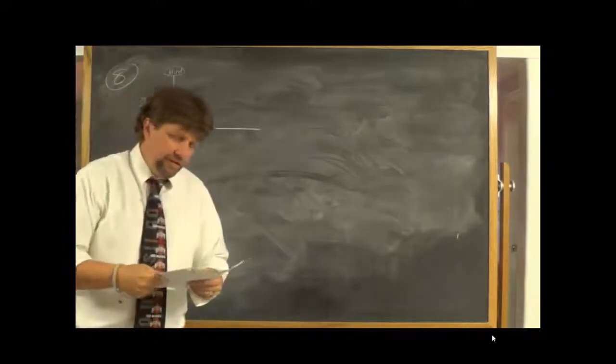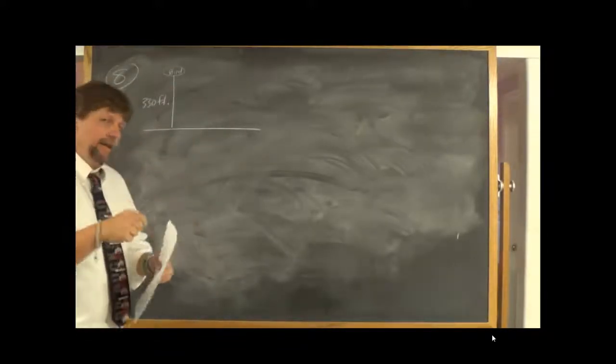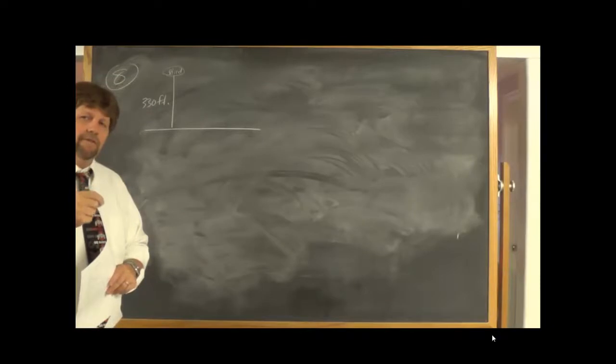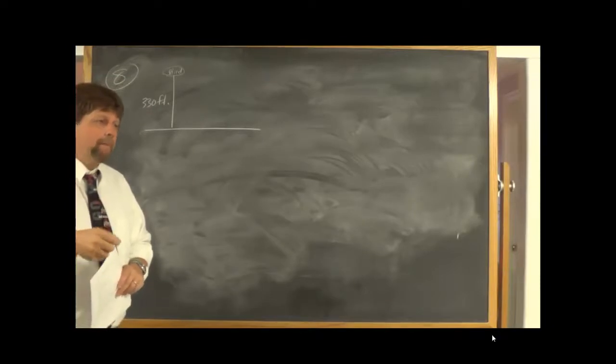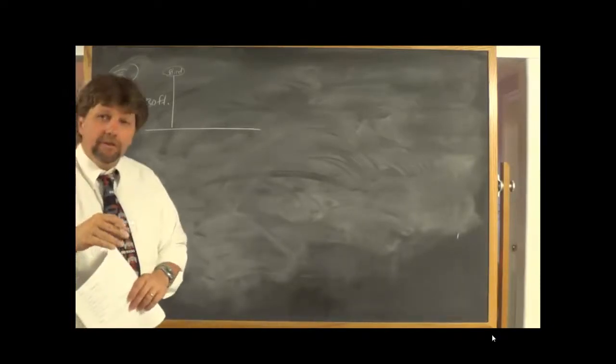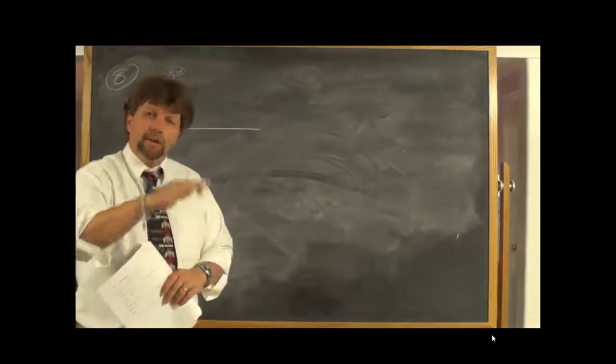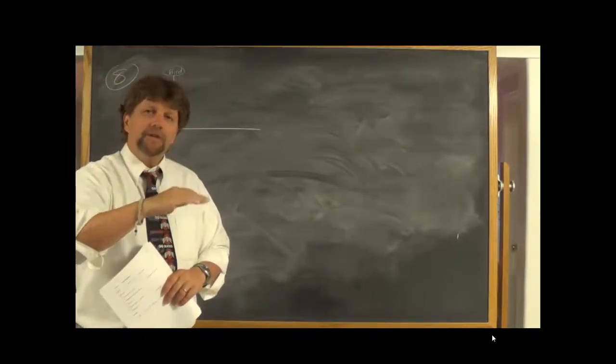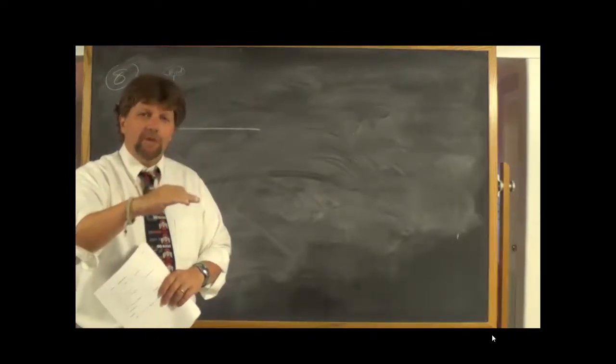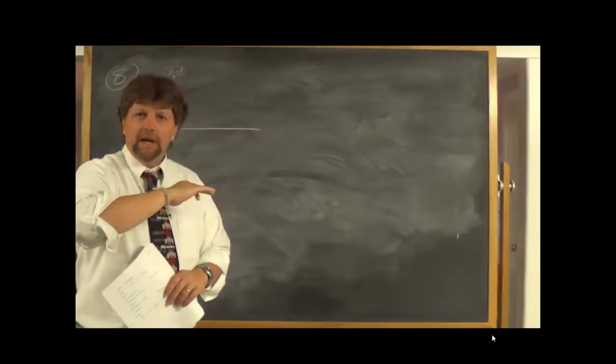Okay, now the bird spots a mouse at an angle of depression of 55.4 degrees. Remember that an angle of depression or an angle of elevation, either one of those angles, are always with respect to a horizontal line.